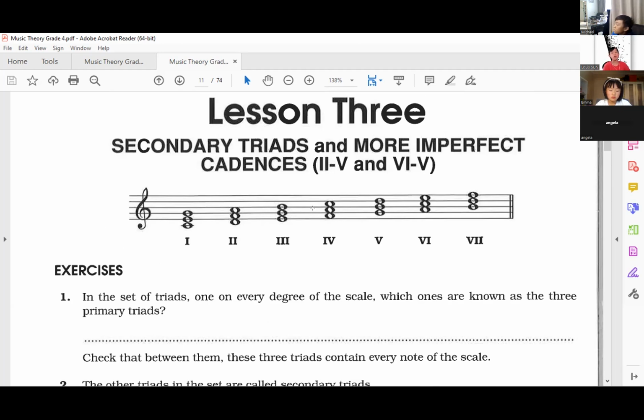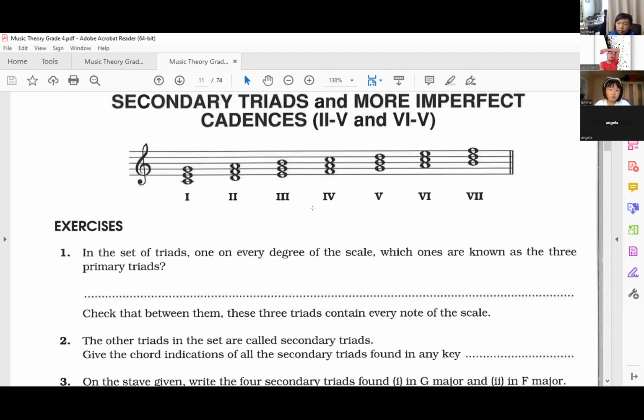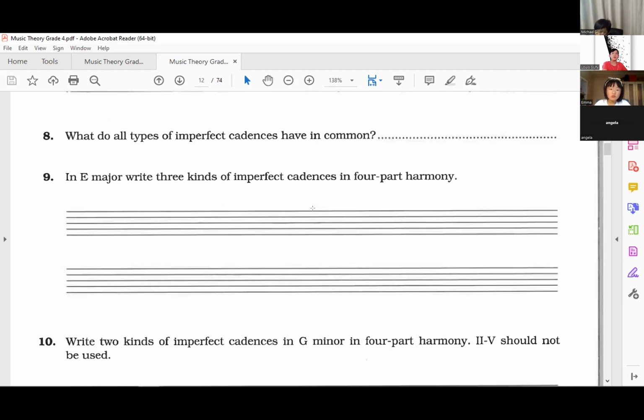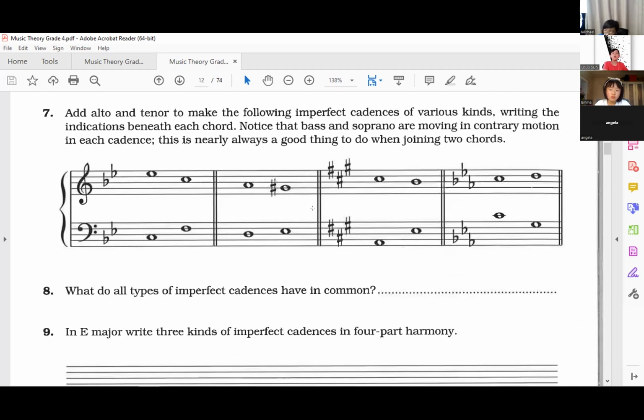But there will be a note in common, which in all cases is the supertonic. So the doubled supertonic in chord 2 becomes the note in common between chord 5 and chord 2. And every single other note would just step to its nearest neighbor. So, a couple of examples of 2-5 in 4-part vocal style.